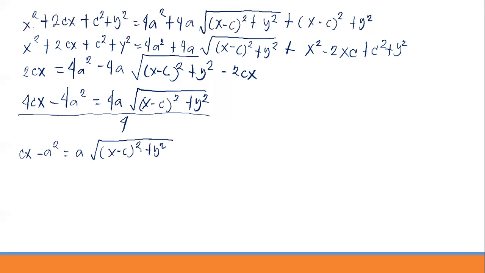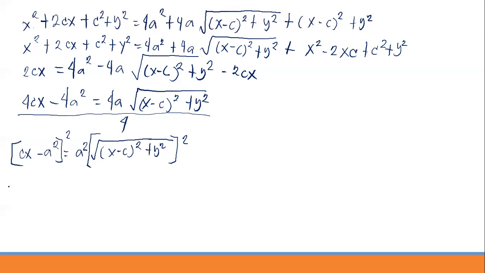And then square both sides. Ayan. So if we are going to square both sides, so ganyan yung mangyayari. Ayan. So square, magiging square na yun. Tapos, ayun, alright? Then expand the squares.